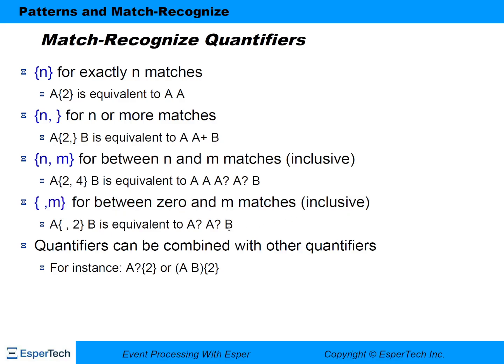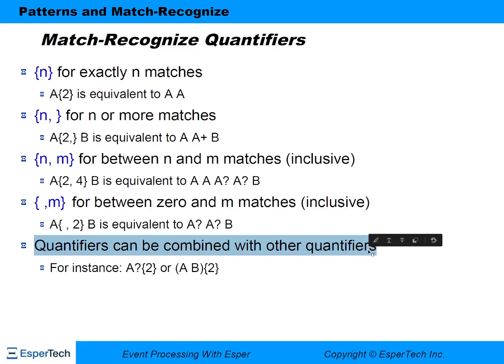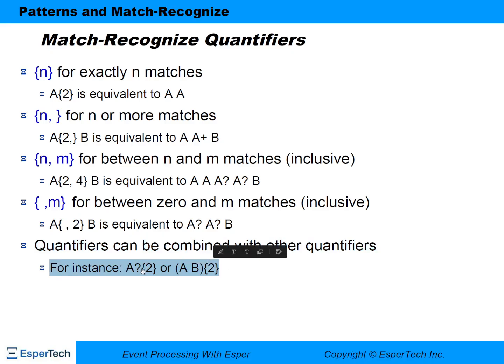The pattern A curly comma 2, B is equivalent to A question mark, A question mark, B. Quantifiers can be combined with other quantifiers. For instance, A question mark curly 2, or parenthesis AB curly 2.